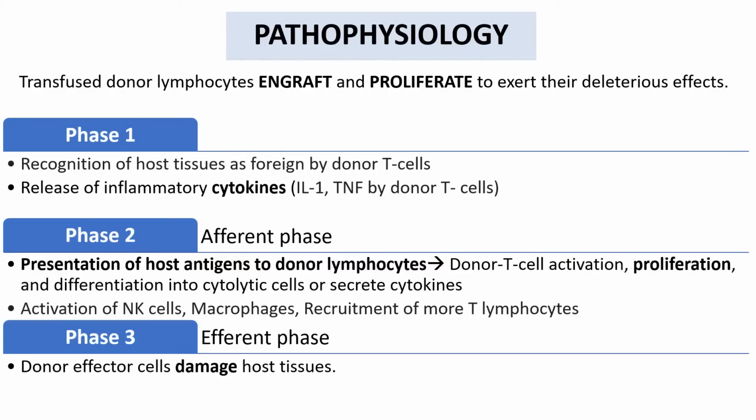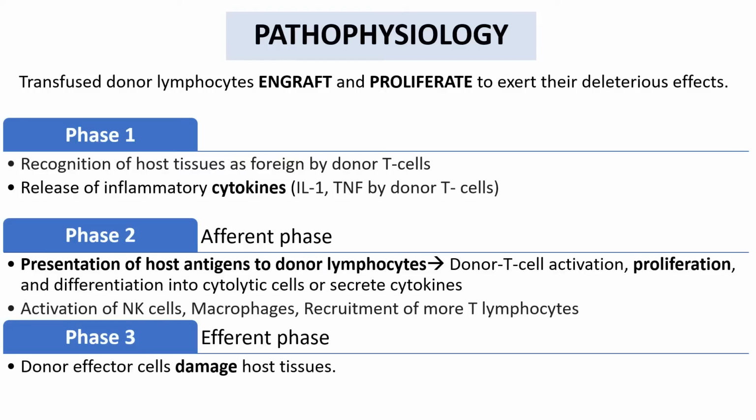The transfused donor lymphocytes engraft and proliferate to exert their deleterious effects in 3 phases. In phase 1, there is recognition of the host tissues as foreign by the donor T cells and subsequent release of inflammatory cytokines such as IL-1 and TNF by the donor T cells. In the second phase, also known as the afferent phase, there is presentation of host antigens to the donor lymphocytes.